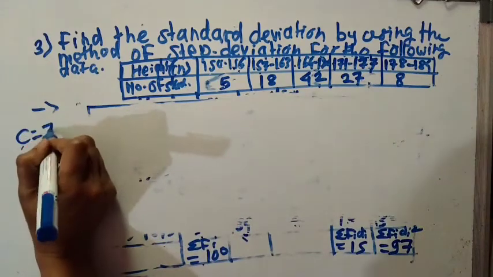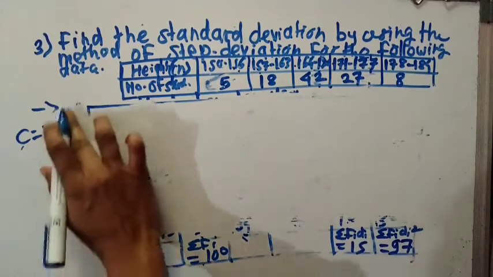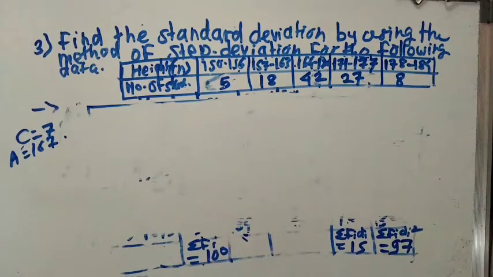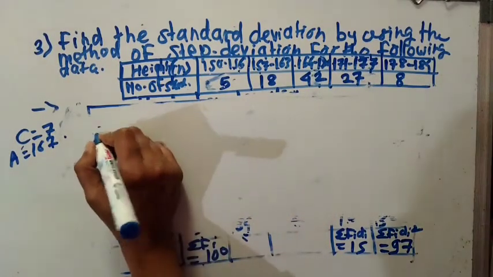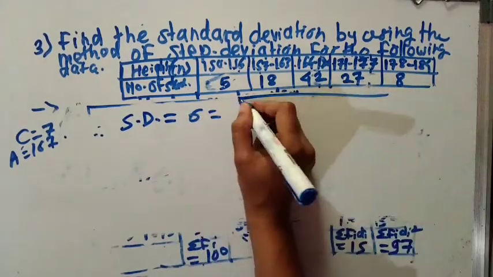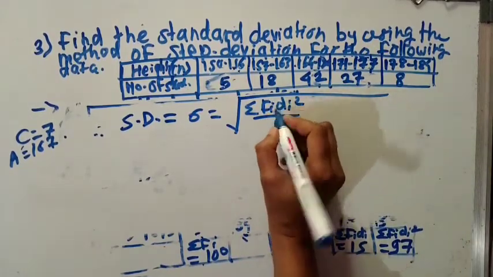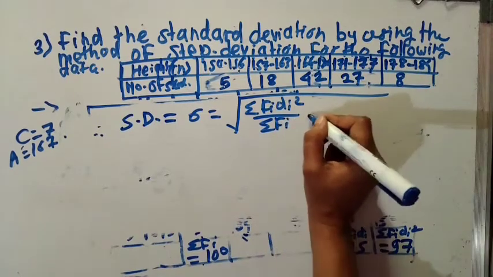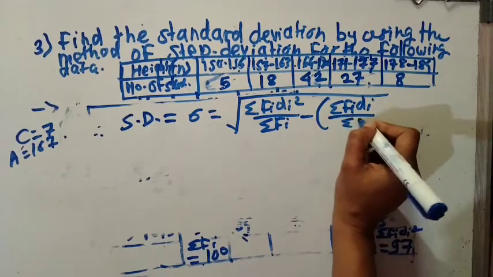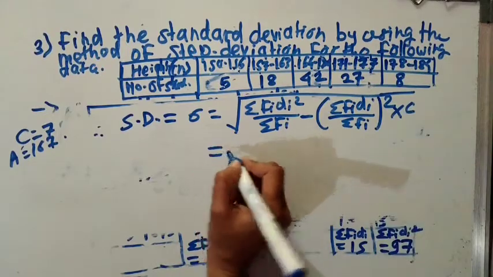Here C is equal to 7 and A is equal to 167. Then the standard deviation formula: sigma is equal to the square root of summation of fi di square upon summation of fi, minus summation of fi di upon summation of fi, whole square, into C. This is the step deviation formula.